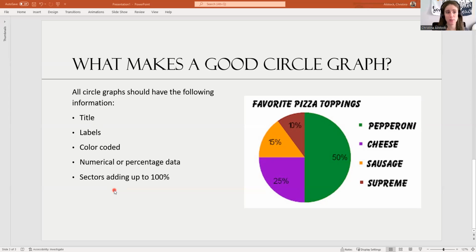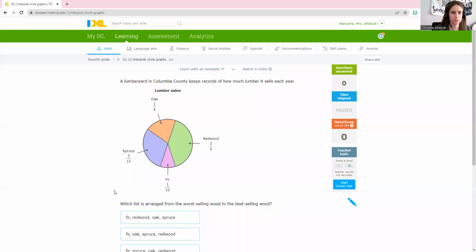So interpreting just means we are going to be given a circle graph and we need to read the data and answer questions based on what we're given. All right, we're on IXL, code SGL, interpreting circle graphs. And a quick little reminder, remember that IXL has some great helpful supports in here as well.